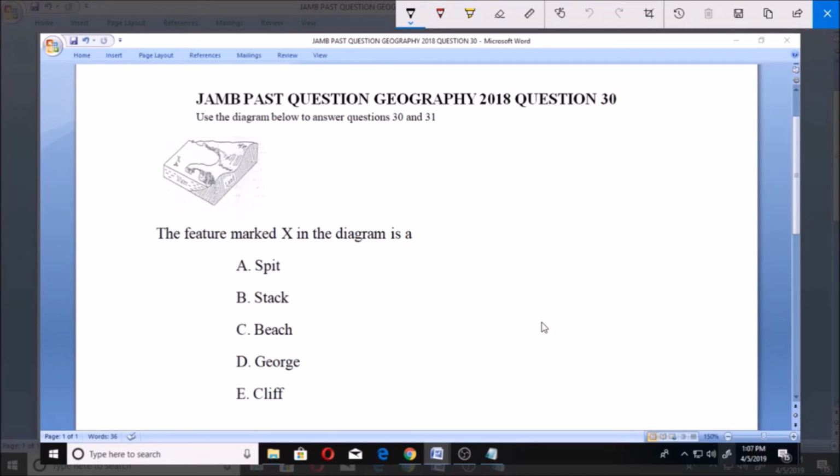What geological landform is it? Now this feature X here is actually a stack. And why is it a stack?